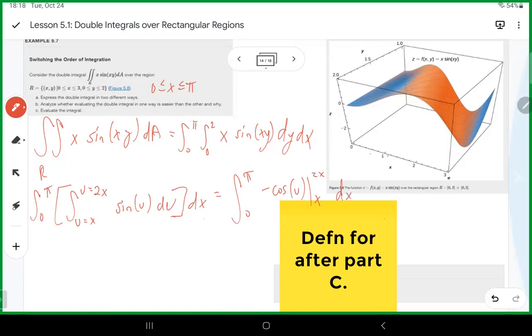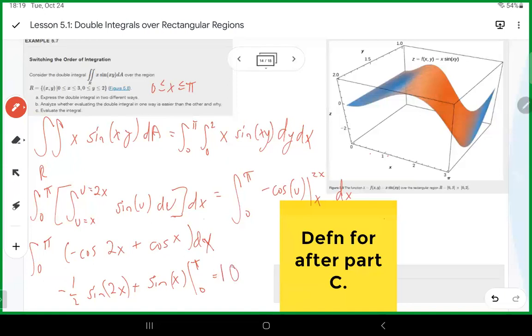Sorry, I'm writing into the spaces. And then 0 to pi, minus cosine 2x plus cosine x dx. So that gives us negative 1/2 sine 2x plus sine x from 0 to pi. And if you plug that in, you're going to end up with a 0.